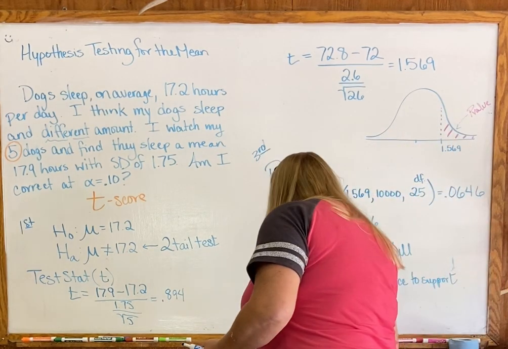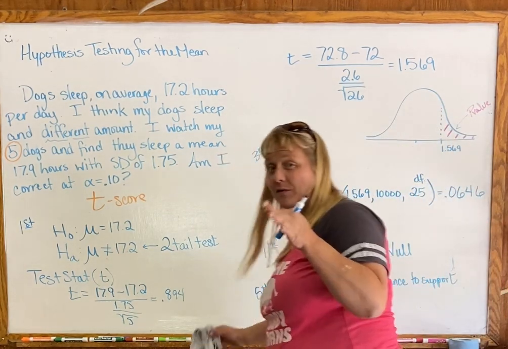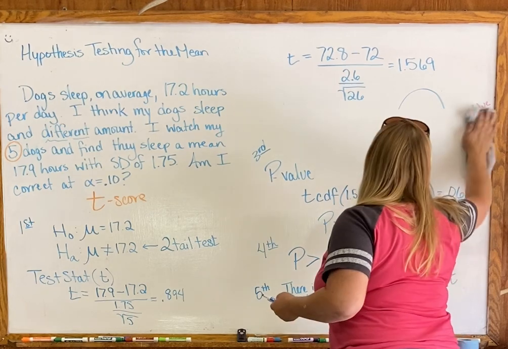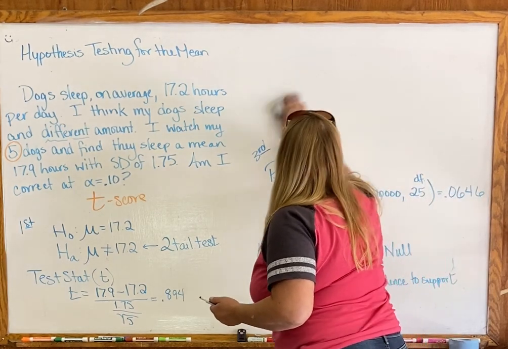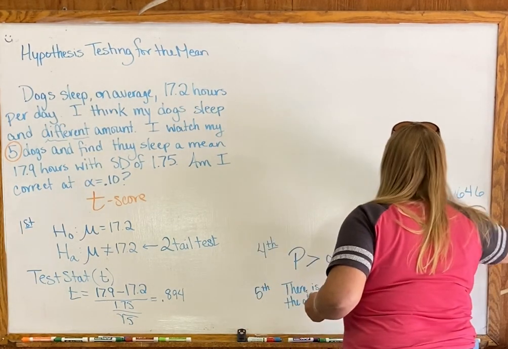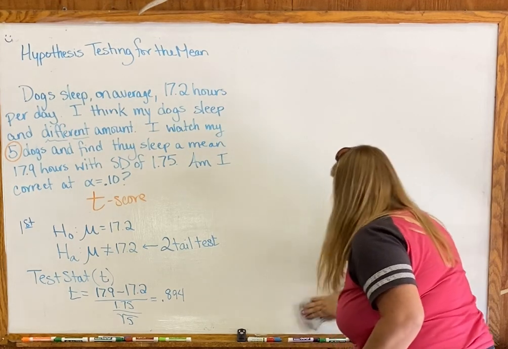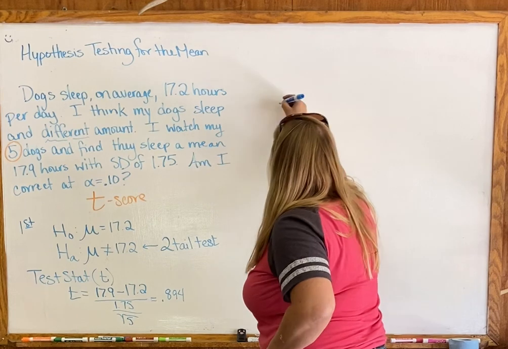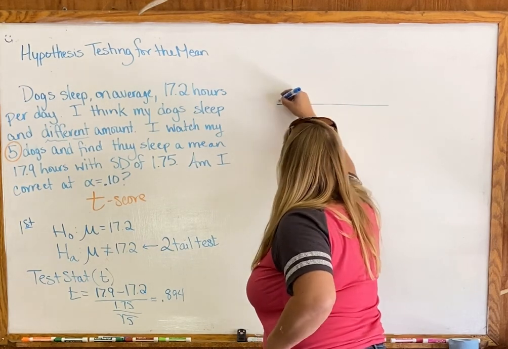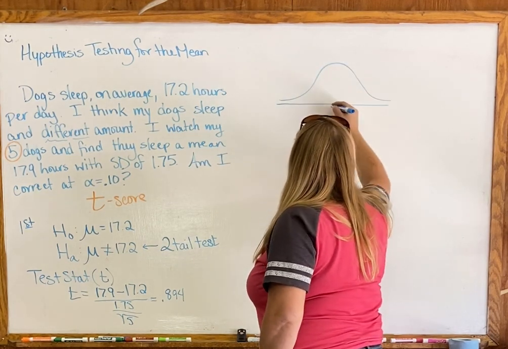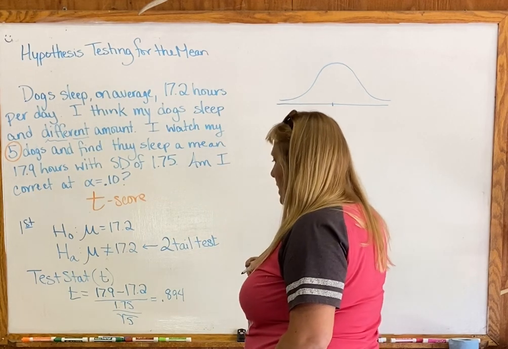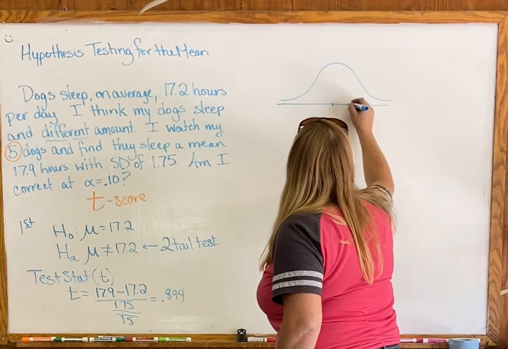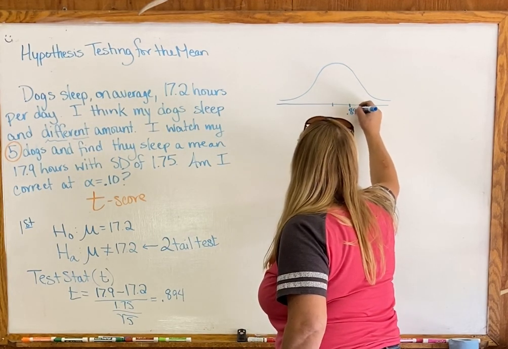So we immediately want to go ahead and get that on a graph so that we visualize this correctly. So if we put this on the graph, a t-score of 0.894 is maybe about there.